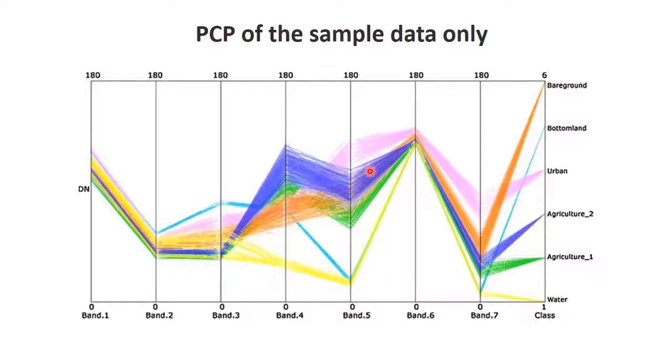For example, the class bottomland seems to have a very narrow set of spectral bands or overlapping with that, so it's probably easier to classify that. While if you look at agriculture, we see much more of a spread, and also much more overlap, so it may become more difficult to separate those two.